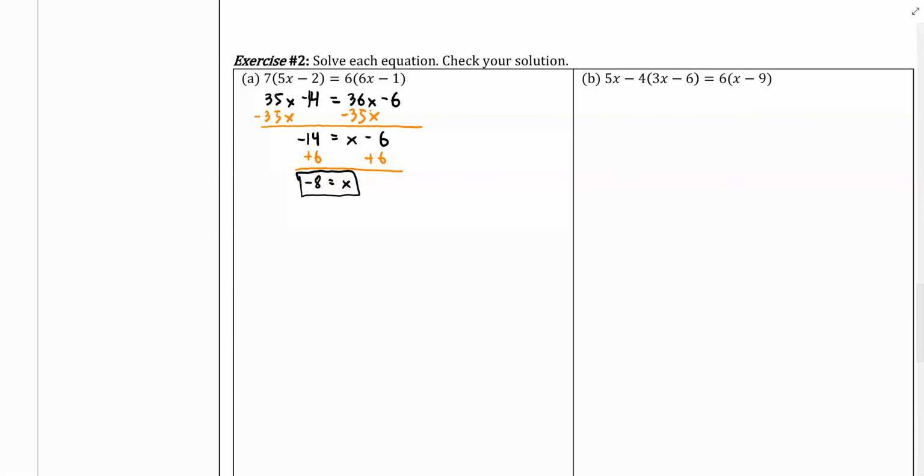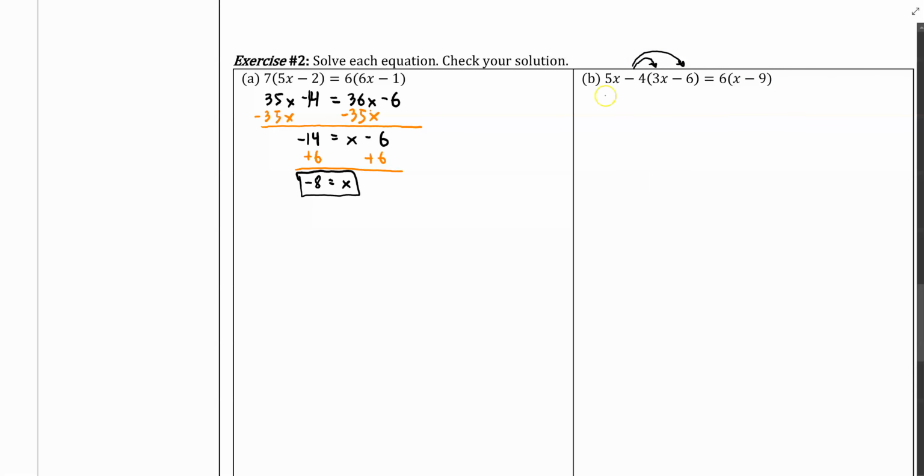Moving on to part B, we have 5x minus 4 times 3x minus 6 equals 6 times x minus 9. Okay, so just like the previous problem, our first step will be to distribute, because we do have this parentheses. And please do be very, very careful, right? We're distributing a negative 4.